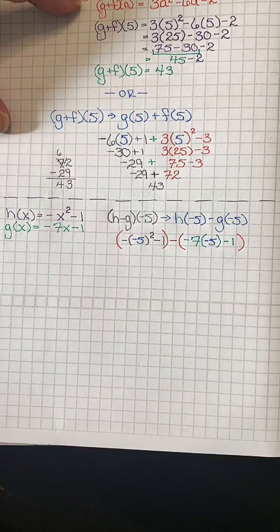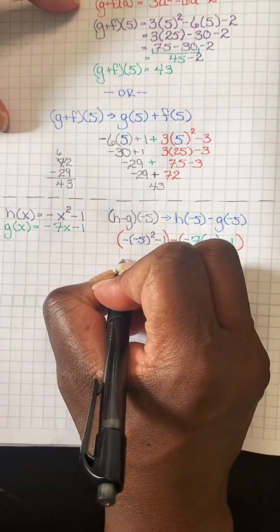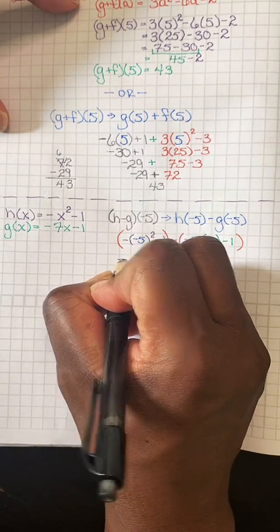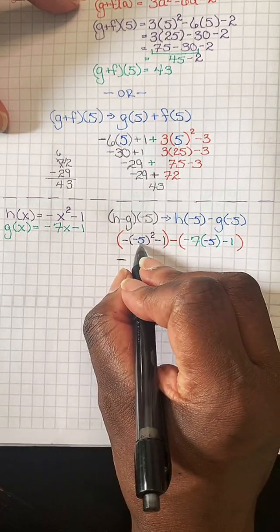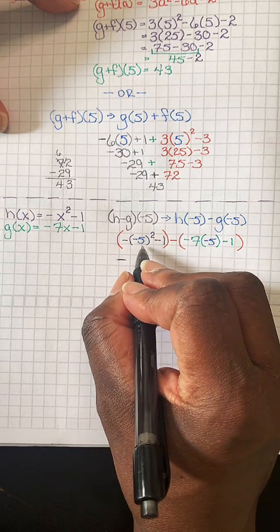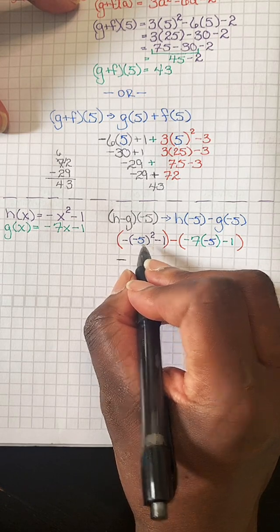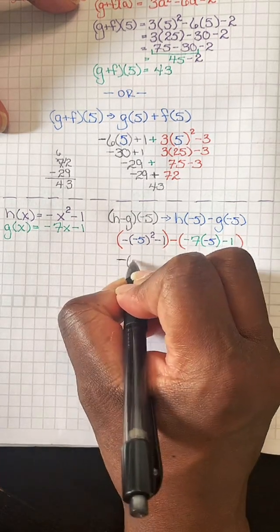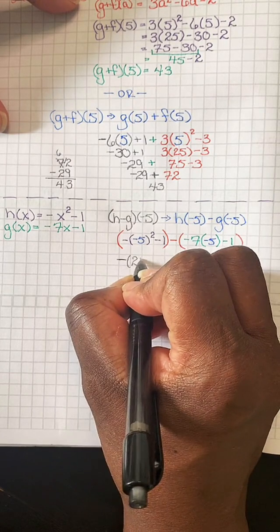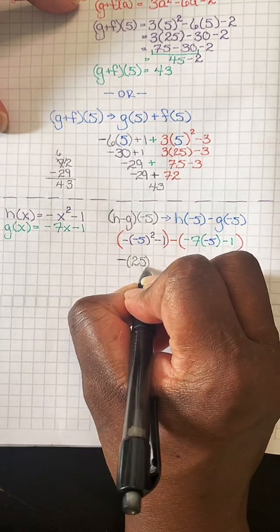So we have a negative, then we have -5 squared. That means -5 times -5. Negative times negative gives me a positive, and 5 times 5 gives me 25.